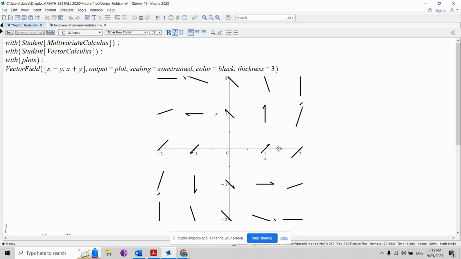There is a default sample of points that Maple tries to give you in a viewing window, which is again chosen by default. You can also change the viewing window, make it larger for example, by specifying the range for both x and y.